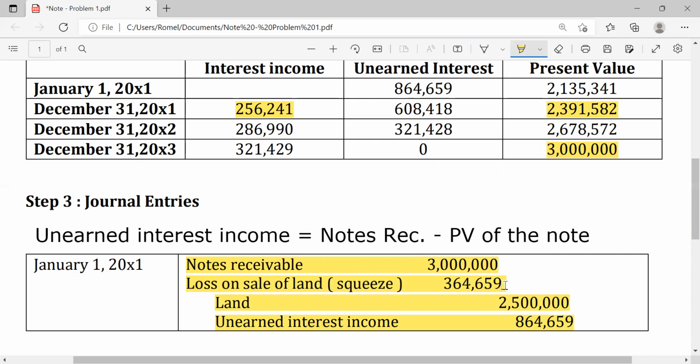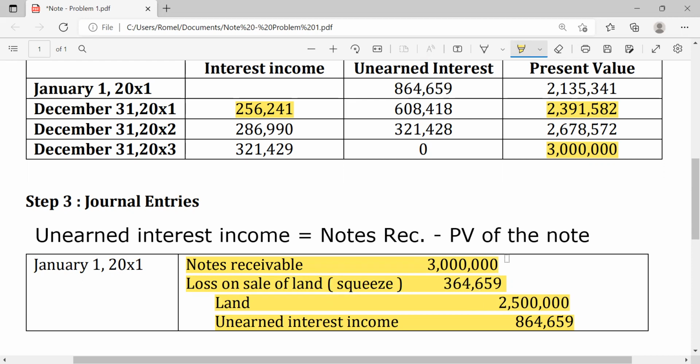Why is it a loss? Why is it a loss on sale of land? Kasi ang logic, how much have you gave up? You gave up 2.5 million pesos cost of land. So this is the cost that you gave up. Ito yung cost ng land na binenta mo. How much is the consideration that you receive? Magkano lang ba yung consideration na natanggap mo?